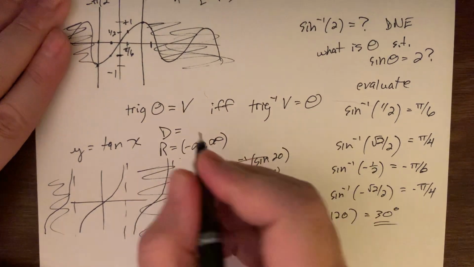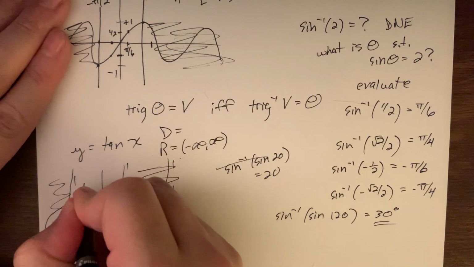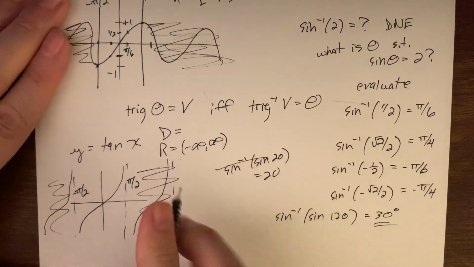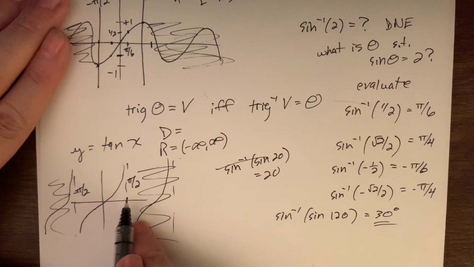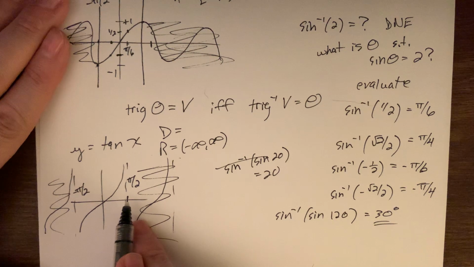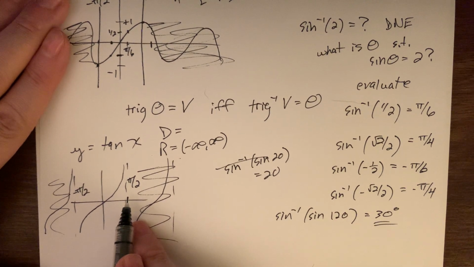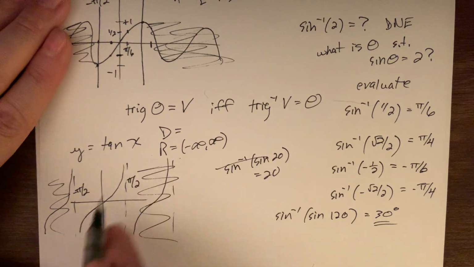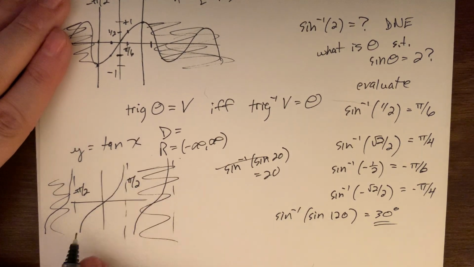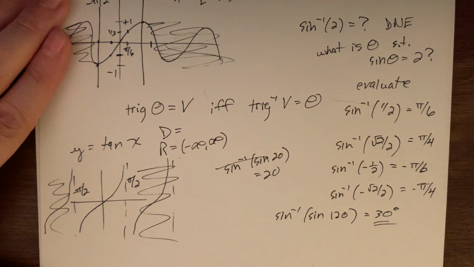Here and here, at negative pi over 2, at negative 90, and at positive pi over 2. Cosine is 0 there, so sine divided by cosine will give us something divided by 0, a k over 0, and that's why we're getting these asymptotes and why the graph shoots off to the infinities.